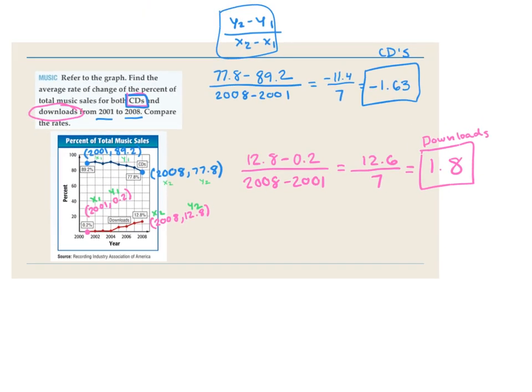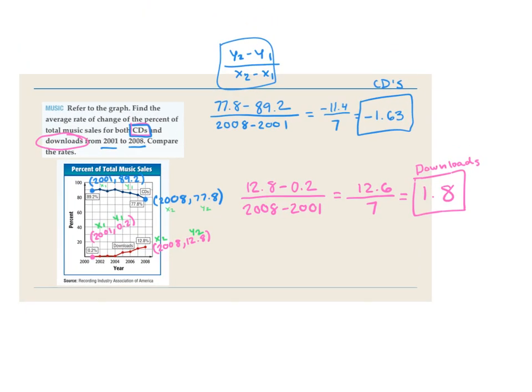So when comparing these two rate of changes, rate of change we said is the same thing as slope. So if we have a negative rate of change, that means we have a negative slope. So our CDs is decreasing because it's negative.